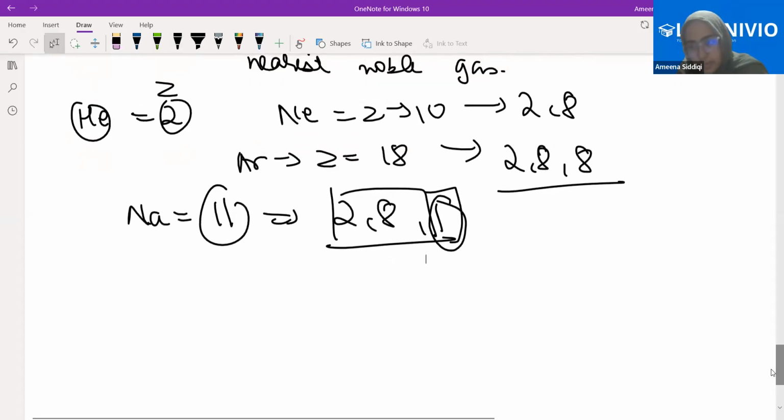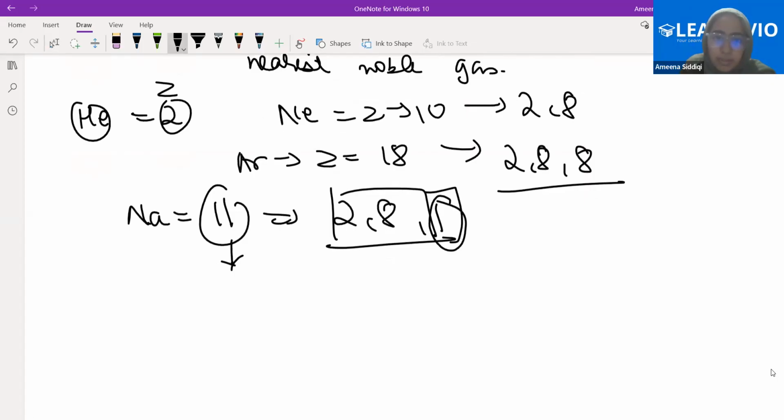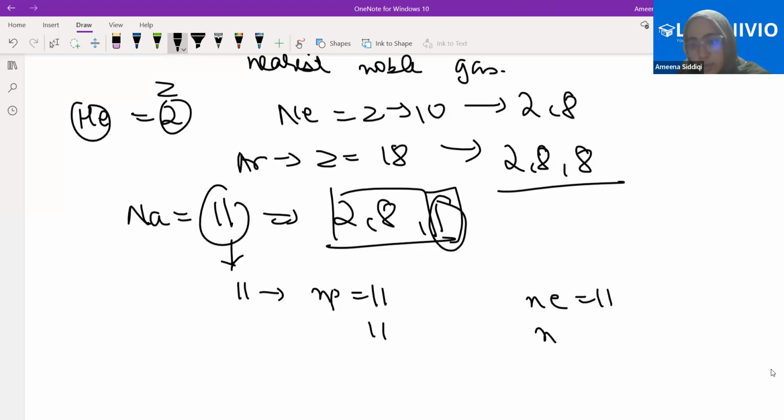Now see, look here. If its atomic number was 11, don't you think it will have the number of protons equal to 11? The number of electrons also was 11. Now what happens? The number of protons is 11, but the number of electrons has been reduced to 10.